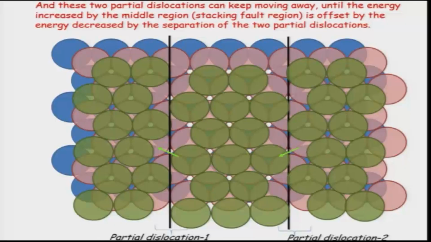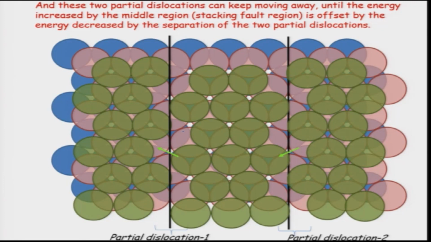So, in here there is a net repulsion acting, which is trying to put the dislocations apart, and there is a stacking fault energy being created when the dislocations are moving apart, and therefore that will try to keep this to the minimum. Therefore, there will be a balance created which would lead to an equilibrium thickness or width of this stacking fault region. We will come back to this in the later slides.